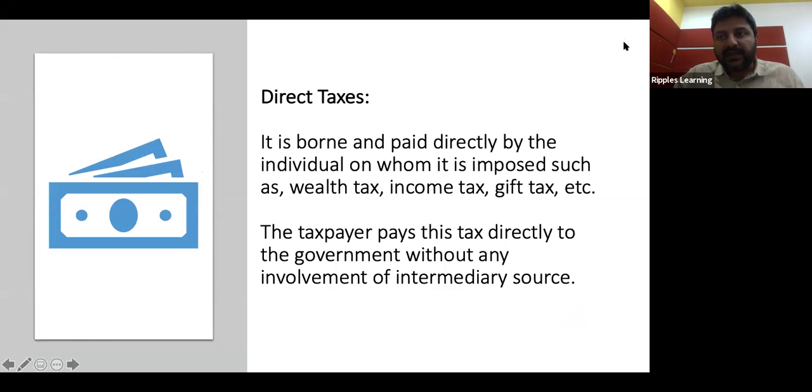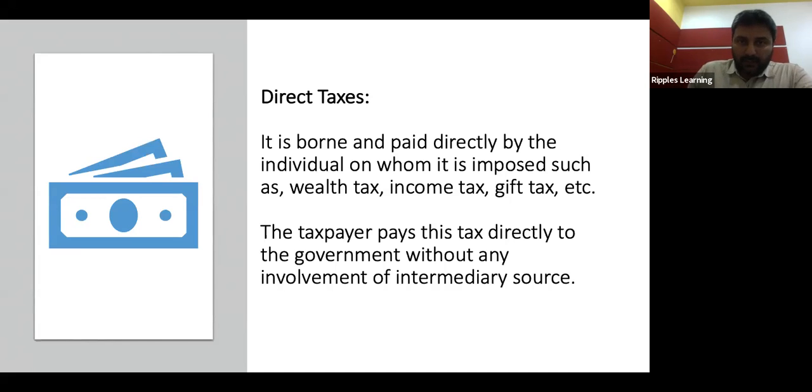For example, income tax. For example, wealth tax or a gift tax is a direct tax. This is directly paid to the government with involvement or without involvement of any intermediary source.